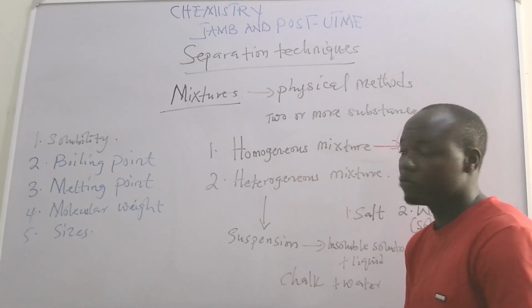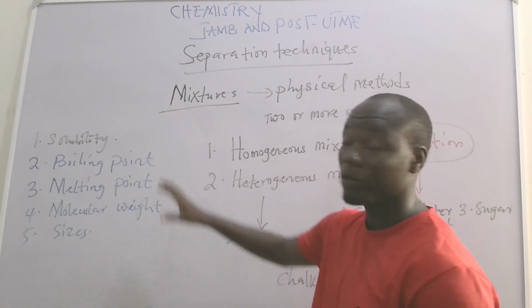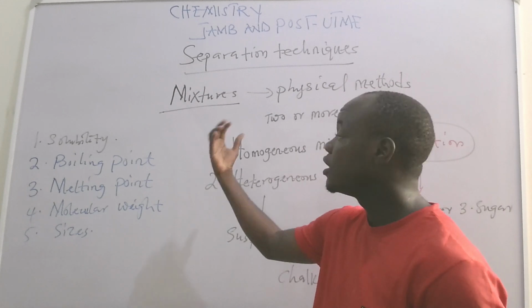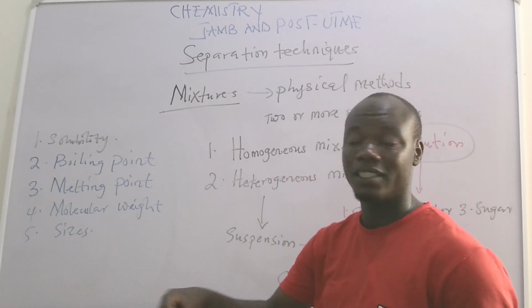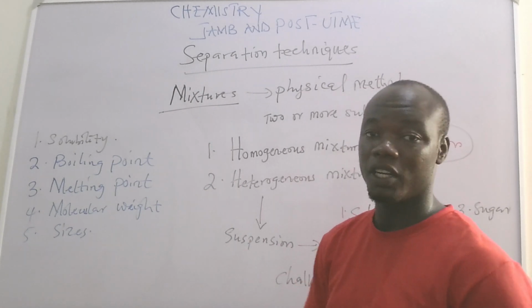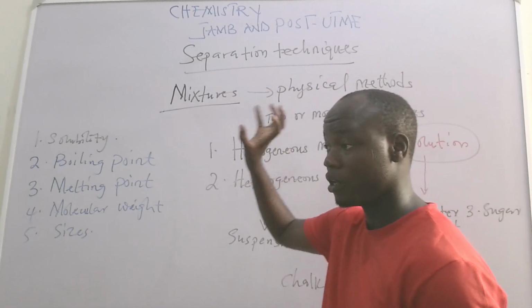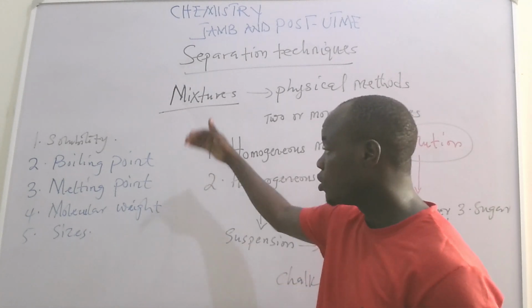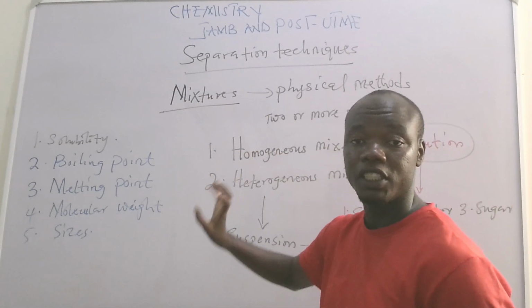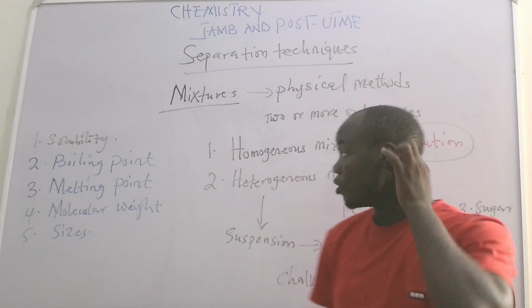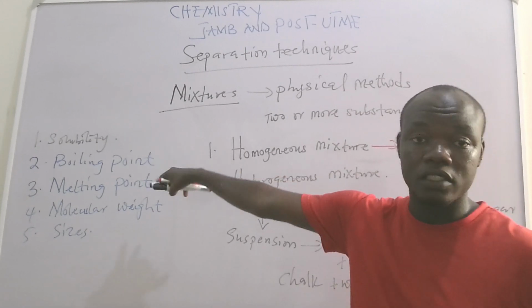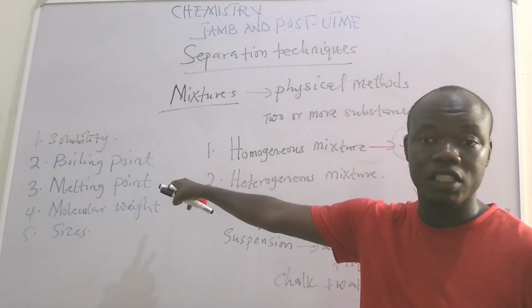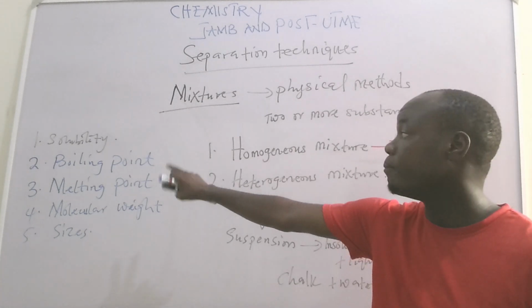So these are some of the physicochemical parameters that may be exploited, based on the nature of the particles, to separate molecules. We are going to look at the different types of separation techniques and how we exploit these various physicochemical parameters to separate mixtures.